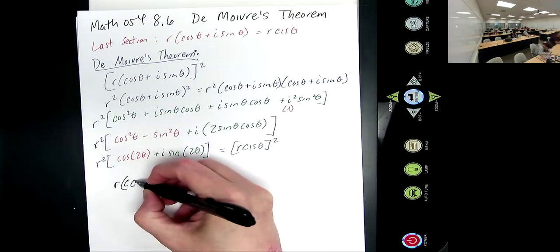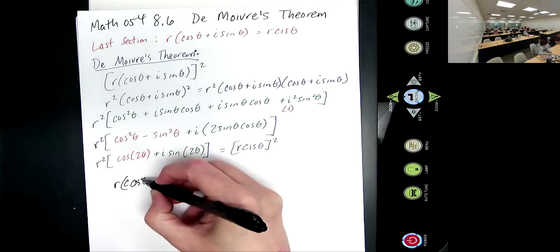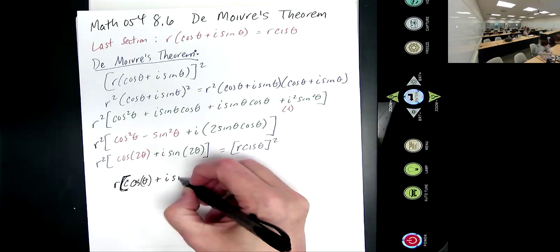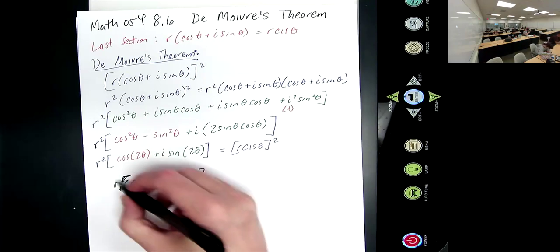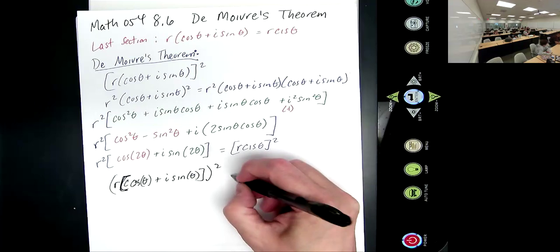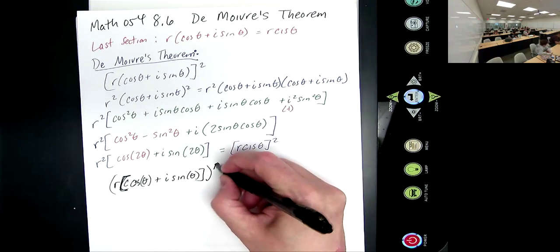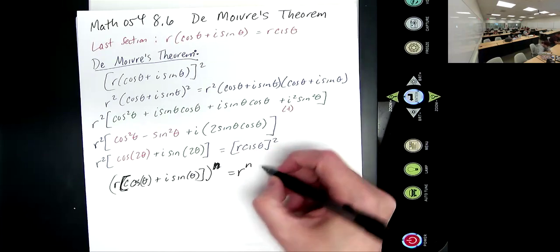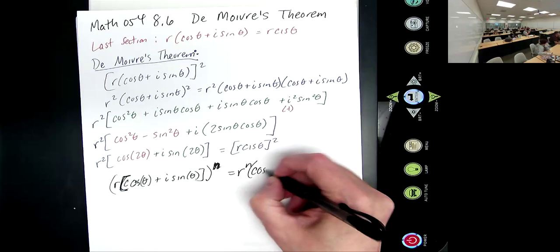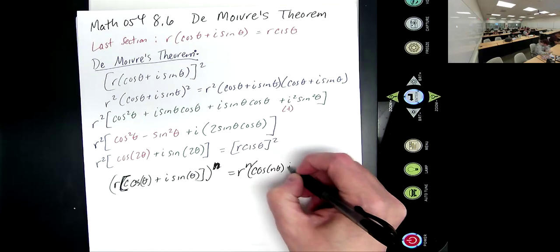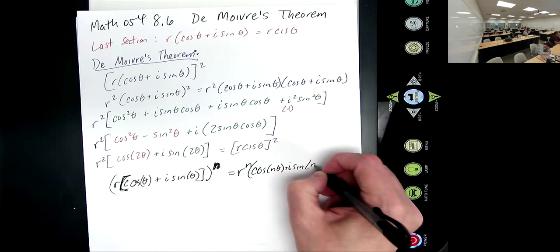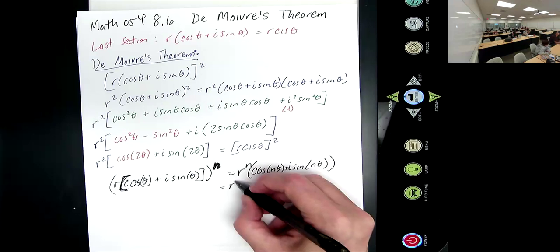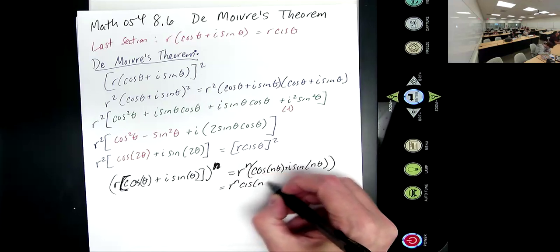R times the bracket cosine theta plus I sine theta, to the nth power for a general form, is R to the n, cosine n theta plus I sine n theta, or R to the n cis n theta.